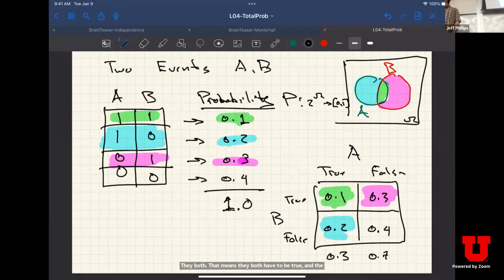I can also add up the probability B is true is 0.4, and the probability B is false is 0.6. If I add up these things on the margin, 0.3 and 0.4, this should add up to 1, and this should add up to 1. These are different perspectives on probability and events. I think we've used a number of these in the examples, but I wanted to clarify and write all these things down.